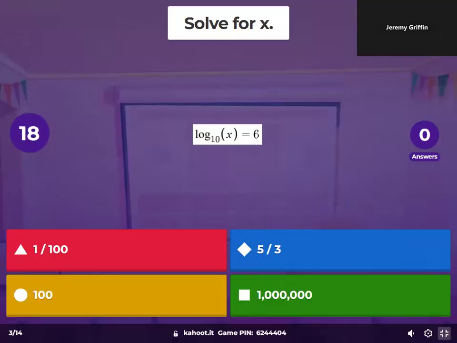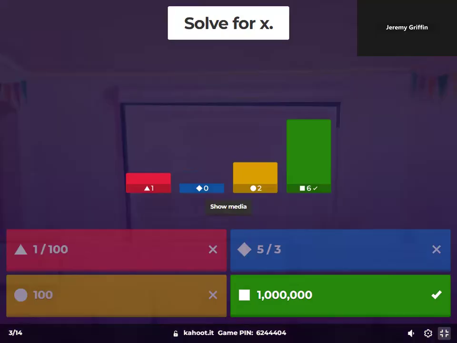Log base 10 of x is equal to 6. The answer is 1 million.